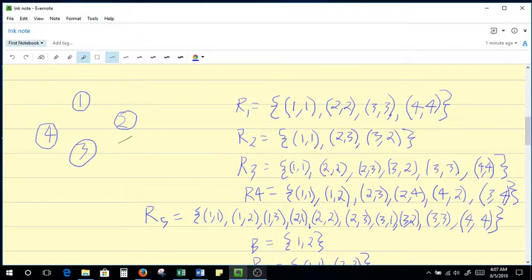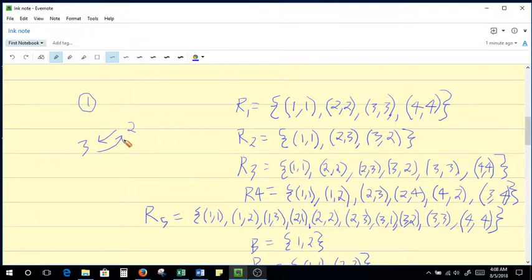Let's move on to our second relation. So we have 1, 2, and 3. 1 is on top of itself. And then we're going to go from 2 to 3 and 3 to 2.